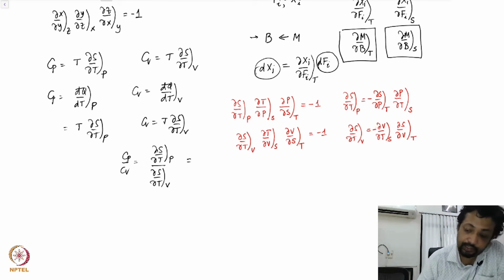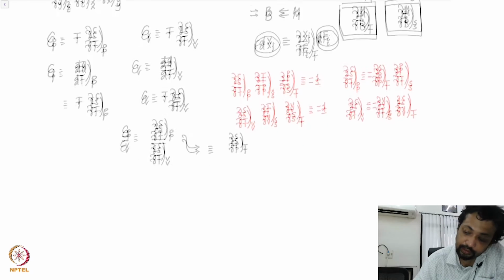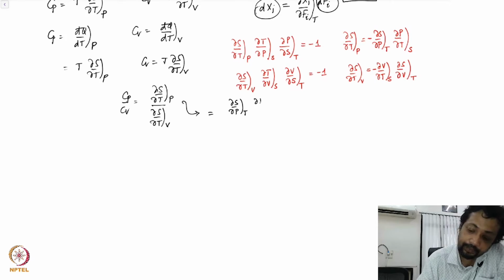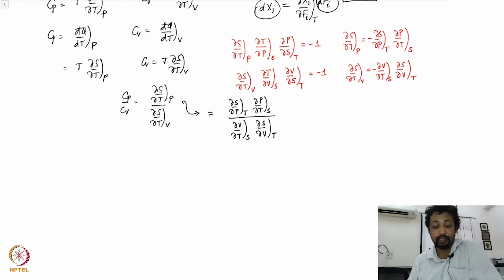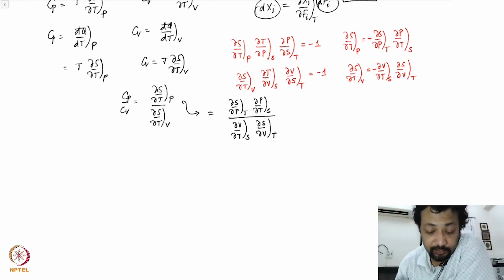Therefore this ratio is now (∂S/∂P) at constant temperature, (∂P/∂T) at constant entropy, divided by (∂V/∂T) at constant entropy, (∂S/∂V) at constant temperature. Now the minus sign has cancelled out.